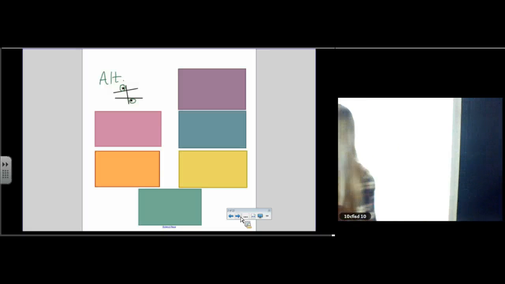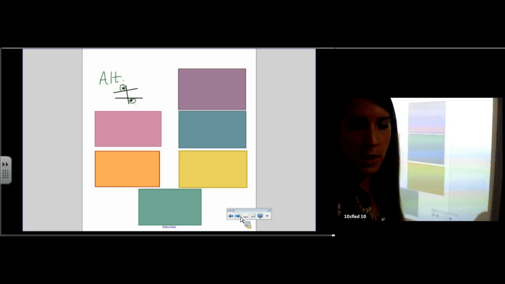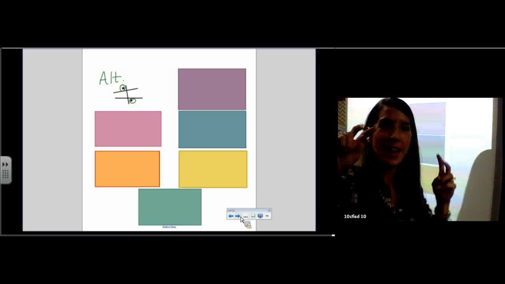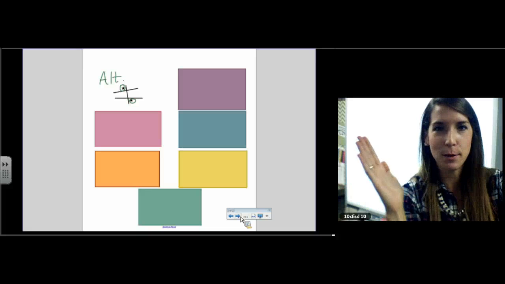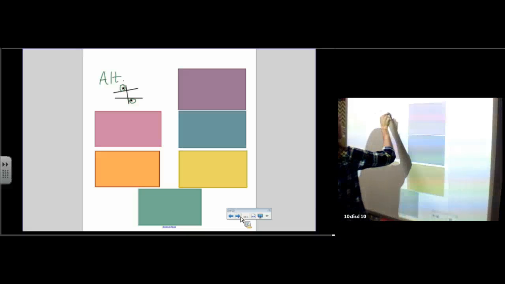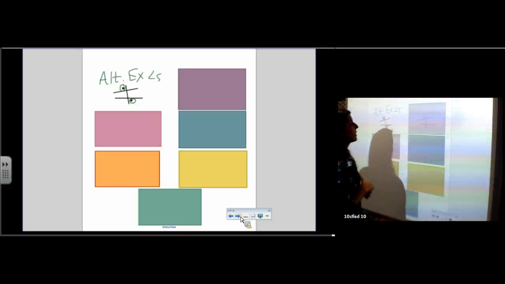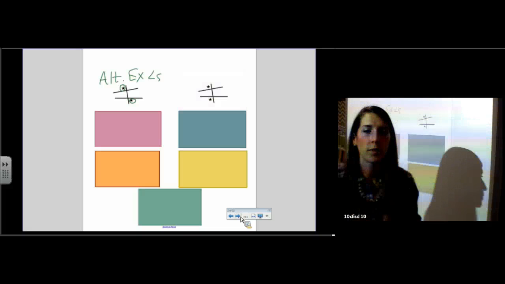Like if these lines were to collapse, I know you can't see me do that, then the question is whether those stars would get crushed or not, if those lines were to collapse, and they wouldn't get crushed. So they are alternate exterior angles. All right, let's take a look at what we have behind here.